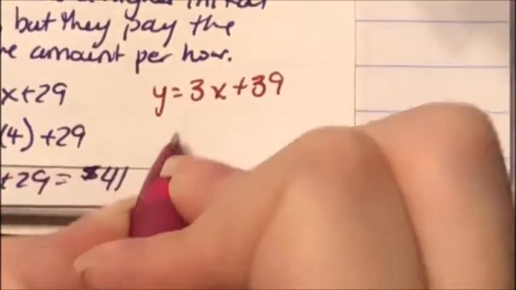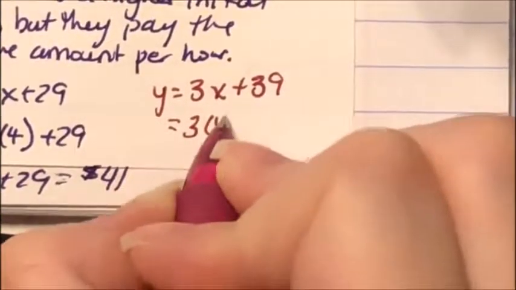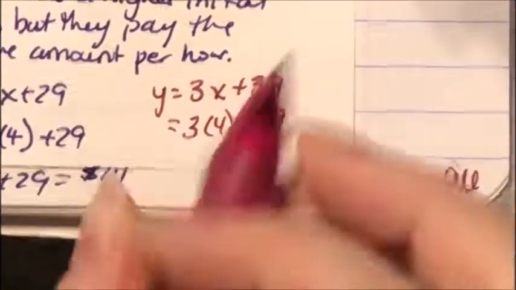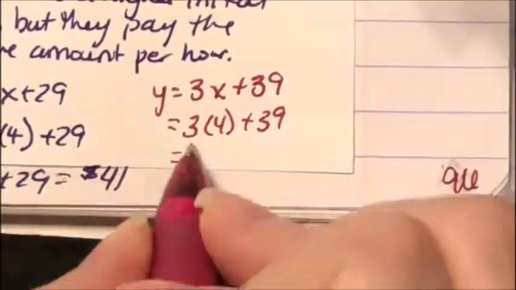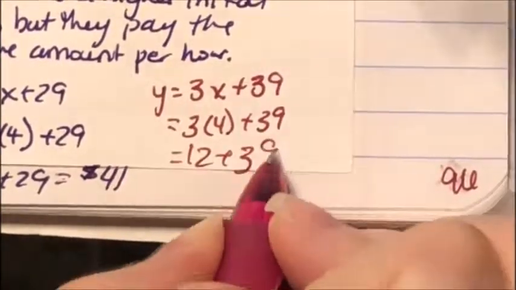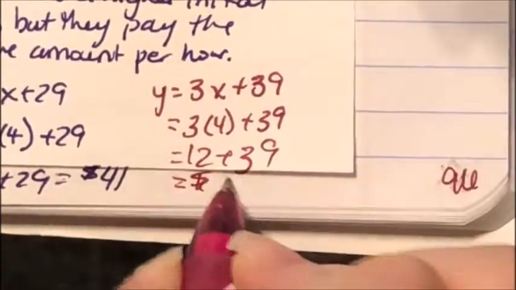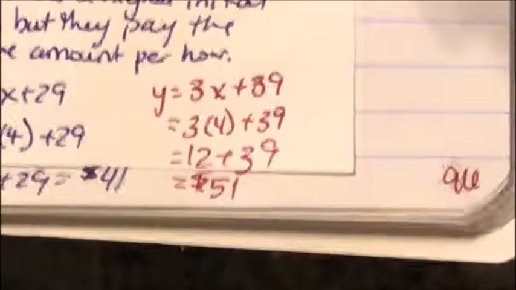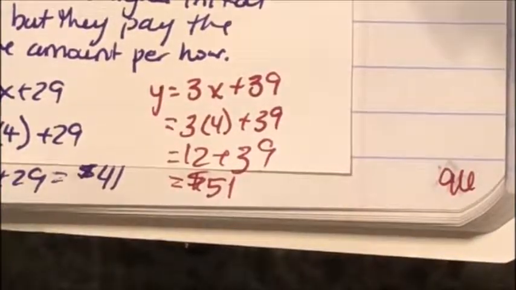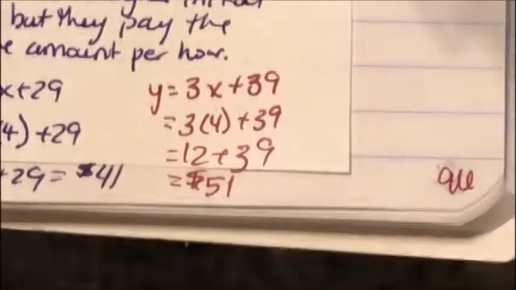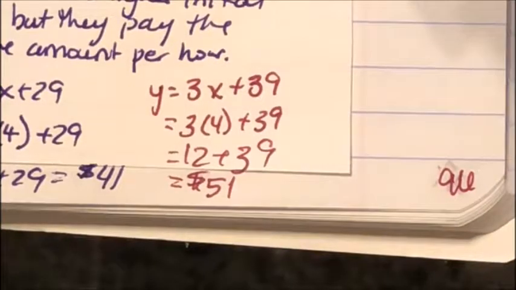And Sarah also works for 4 hours. So that's 12 plus 39, which is $51. Okay, so Sarah will actually end up paying more because she'll pay $51. And that is the end of lesson 5.